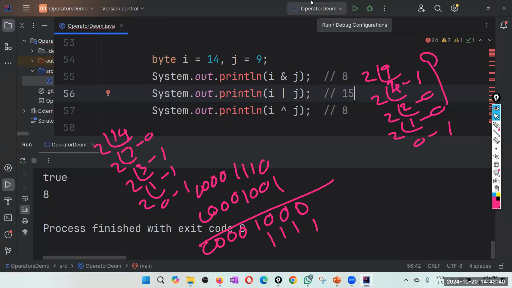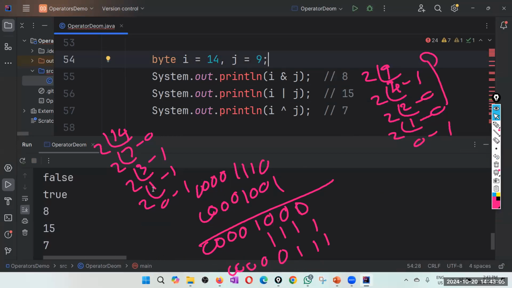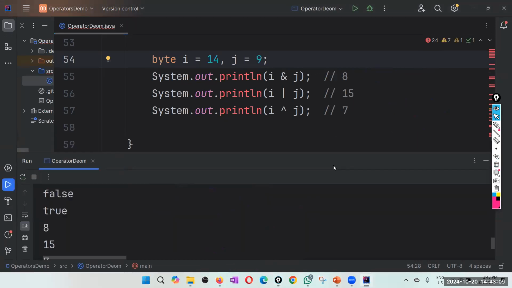What about bitwise XOR? 0, 1, 1, because those are different. 1, 1, 1, 0, of course these are 0. That is 1, 2, 4, 8, that is 7. So 8, 15, 7. And the examiner expects that you have done these kind of things and understood.